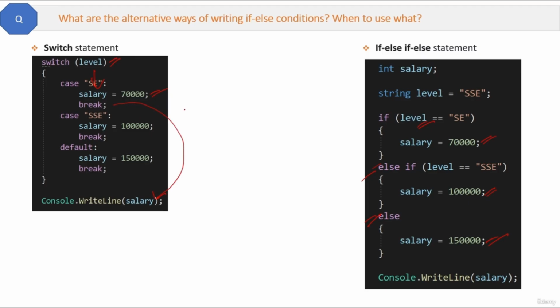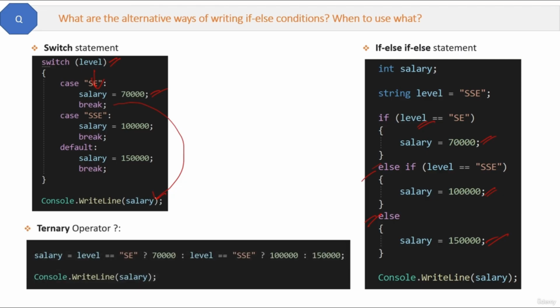Now the other way to write this if-else condition is ternary operators. This question mark and colon are called ternary operators. Here, if level is equal to SC and that is true, this salary variable will be equal to the immediate option available after the question mark. In this case, if this is true, then salary will be 70,000.